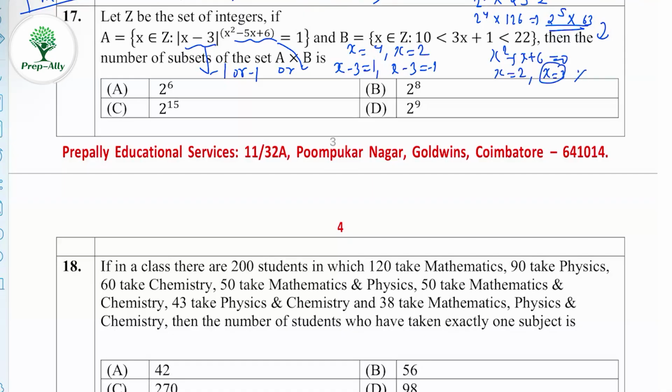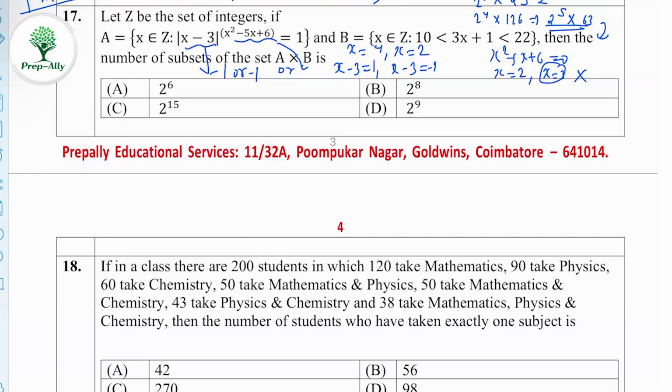But x equal to 3 is not possible, because if x is equal to 3, your base is 0, and 0 power anything is 0. So now, basically, only two values. What are those two values? x is equal to 4 and x is equal to 2. We have to take these.